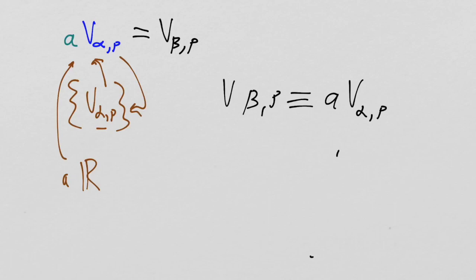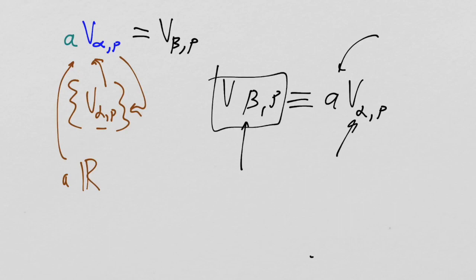For every curve alpha and any real number A, I need to be able to define a curve beta such that its directional derivative is equal to what we're going to call the scalar product.